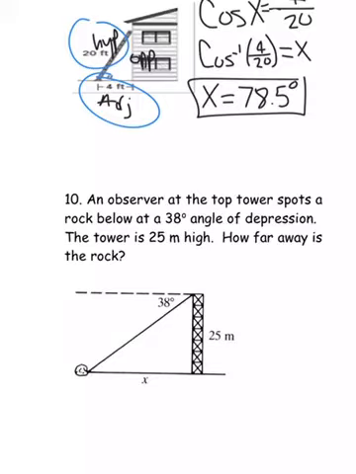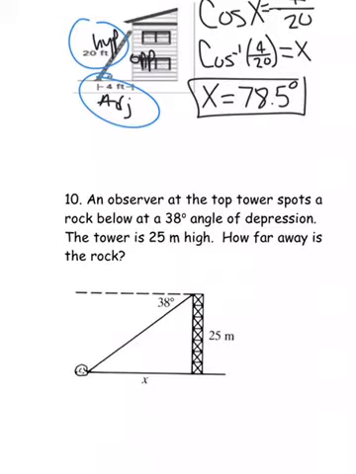Number 10, observer at the top of a tower spots a rock below a 38-degree angle of depression. The tower is 25 meters high. How far away is the rock? So one of these situations, again, we've talked about, the angle of depression is not inside of the triangle being formed.